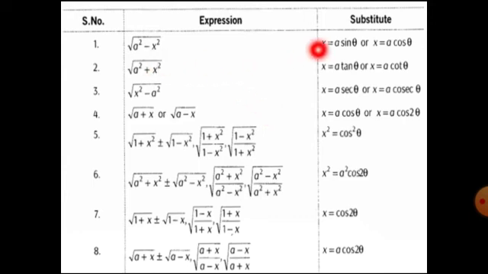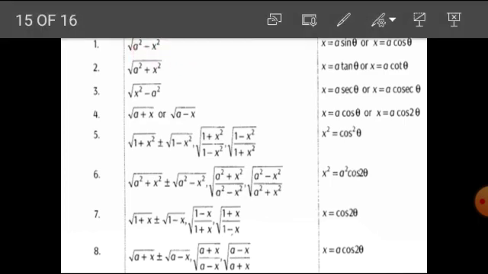For some expressions, we need to know what substitution you have to take. If the expression is square root of a square minus x square, then x value you have to take as a sin theta or x is equal to a cos theta. If you take this, then only you can substitute and solve that problem.